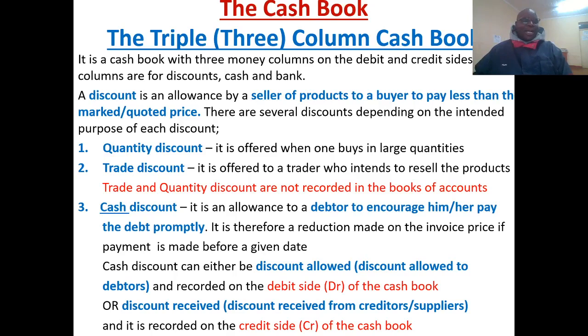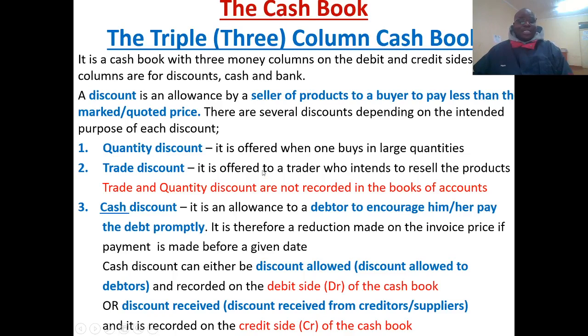When you buy in large quantities, you are offered a discount. That is a lesser amount than the quoted amount of money that you should give for a certain product. And if a trader is giving another trader who intends to resell the products a discount, that is known as a trade discount.